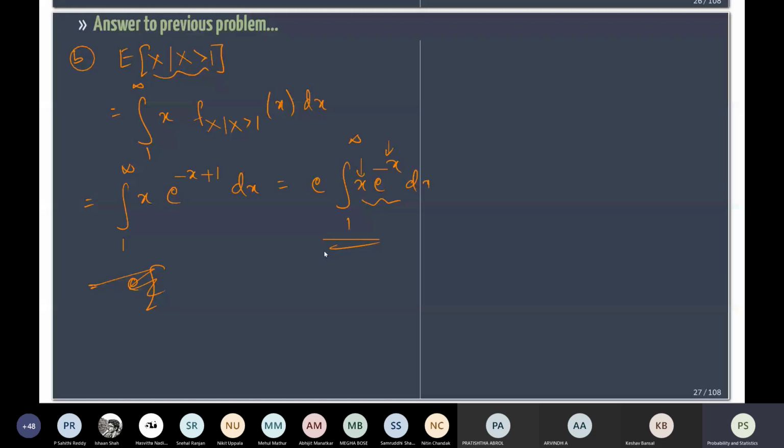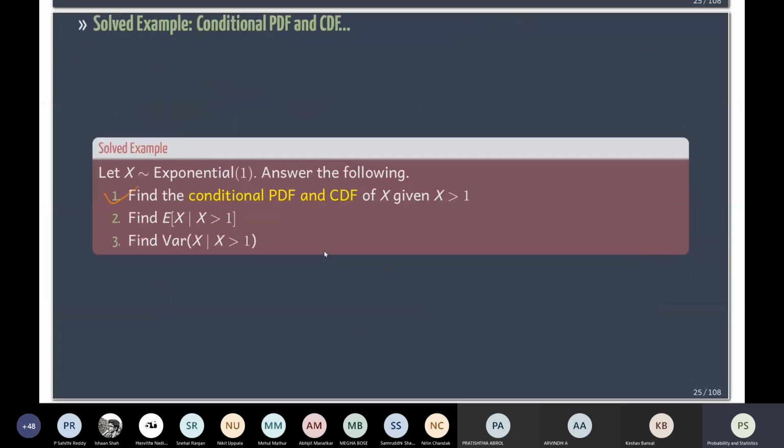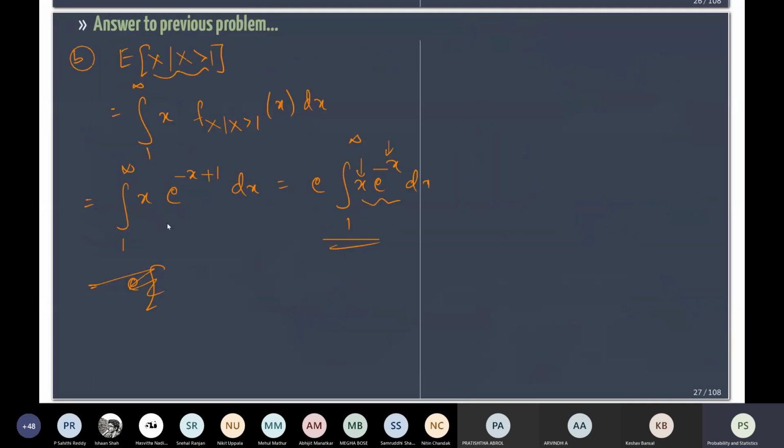Okay, so that was the conditional expectation, and then we were also asked to compute the variance. And the variance we can get by applying the usual formula. For the variance part, it's very simple.